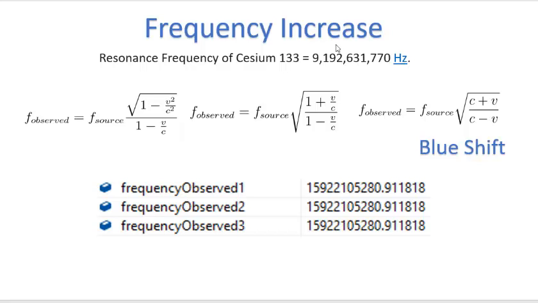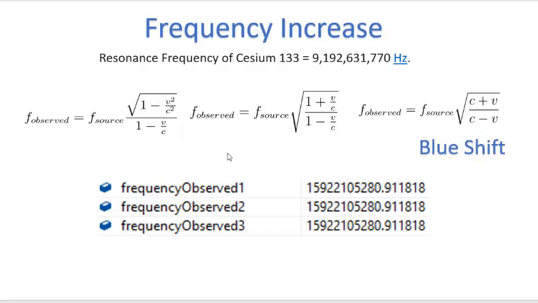Of course, c is the speed of light, and these are the numbers I got out: 15,922,105,280.911818 hertz. Each of these equations produces exactly the same value to exactly the same number of decimal places. And so that is for the blue shift equation.